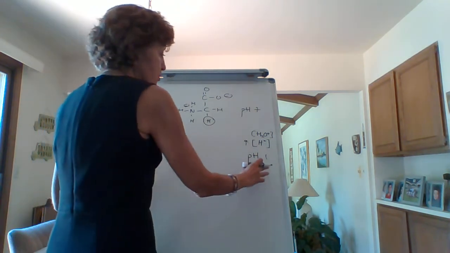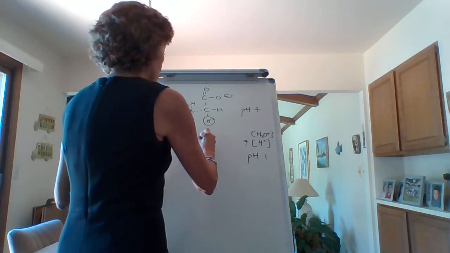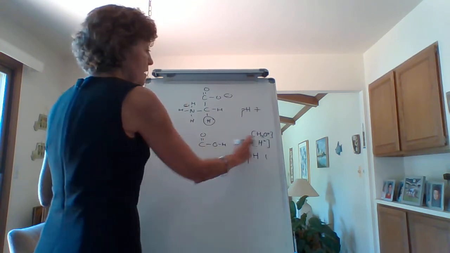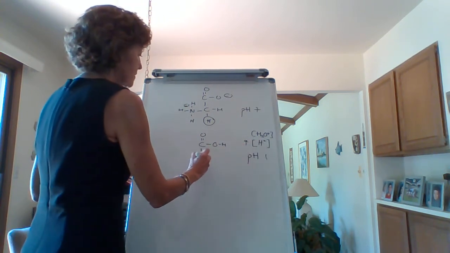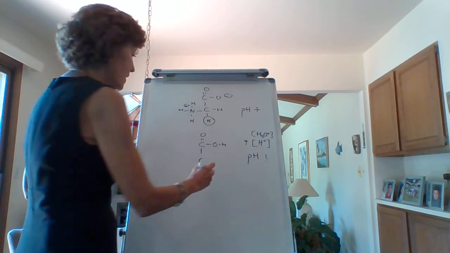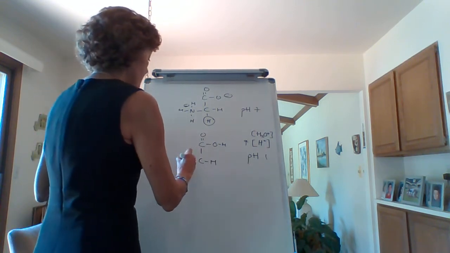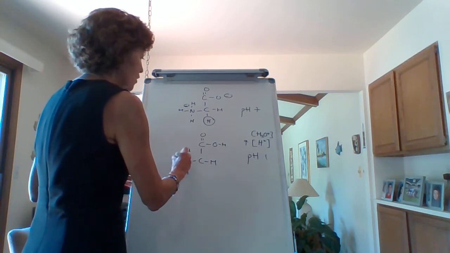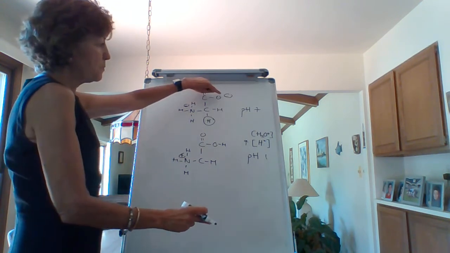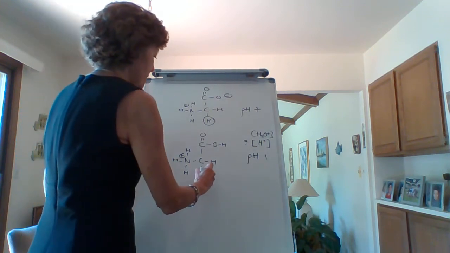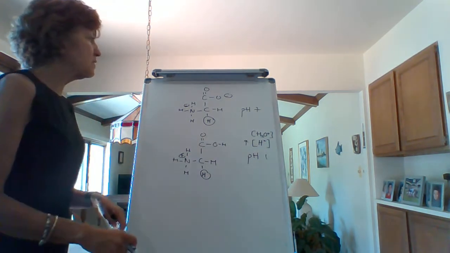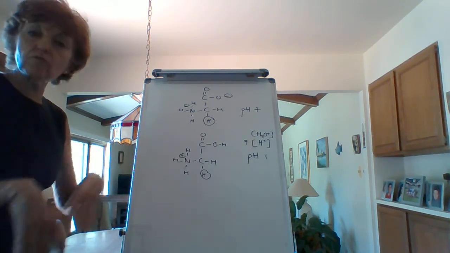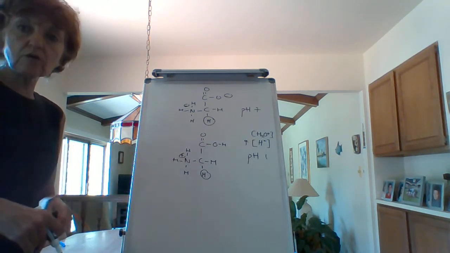So at a pH of 1, this carboxylate ion picks up a hydrogen ion. It gets protonated. And nothing else can get protonated. That's the only place that can pick one up. And there you've got glycine at a pH of 1, 2. Anything very low pH, this is what it's going to look like.